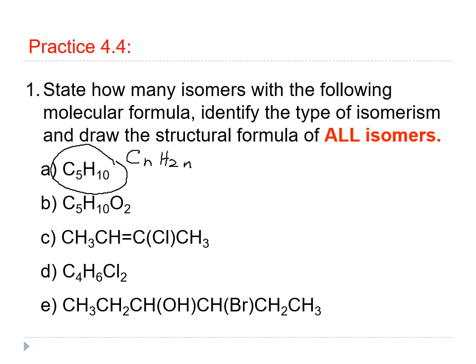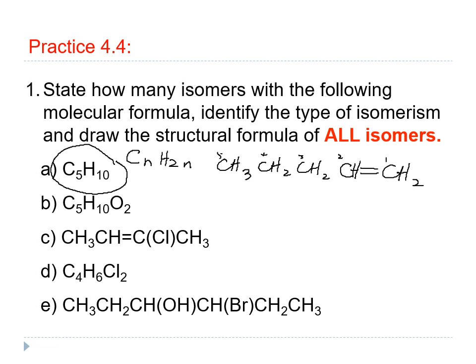So CH3, CH2, CH2, okay, there is one double bond over here, and then this is the end of it. There would be one more H over here for this carbon. So this is basically 1, 2, 3, 4, 5.